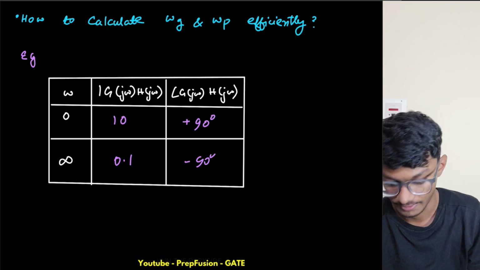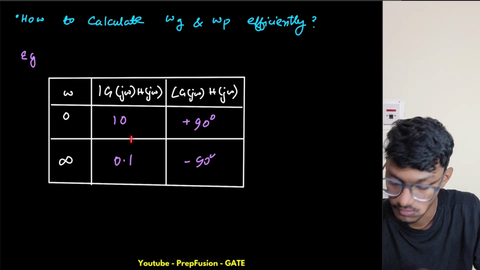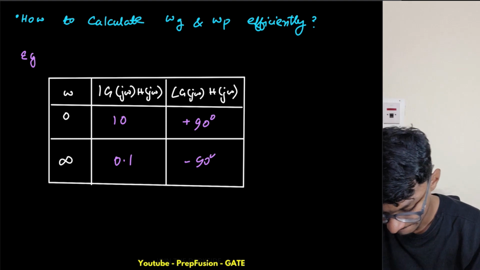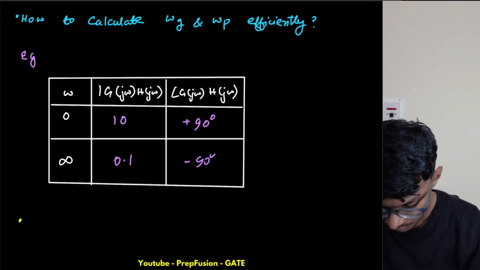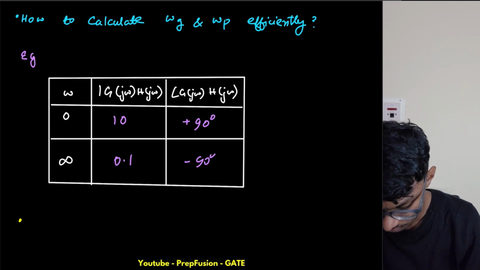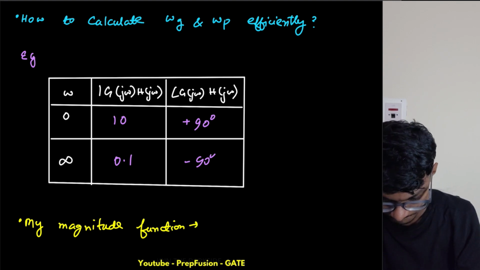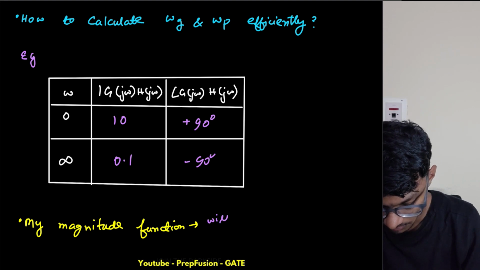Here what I can see is that obviously it will cross the 1 point. So I can say my magnitude function will cross 1.